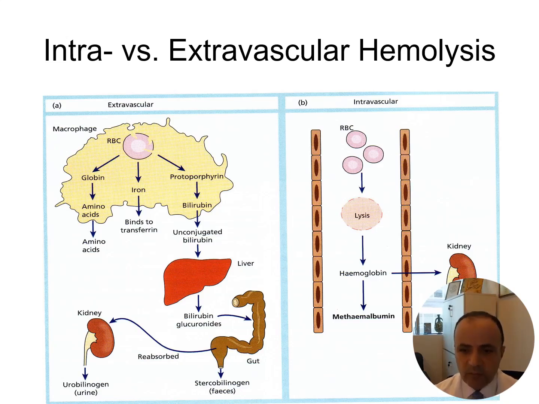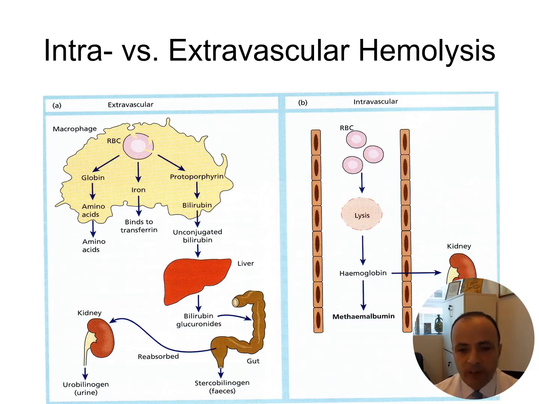Some of this hemoglobin gets excreted in the kidneys into the urine. So you see free hemoglobin in the urine. That's what we call hemoglobinuria. And some of that hemoglobin, before it goes out in the urine, gets reabsorbed by the kidney tubule cells, where it gets converted to hemosiderin.